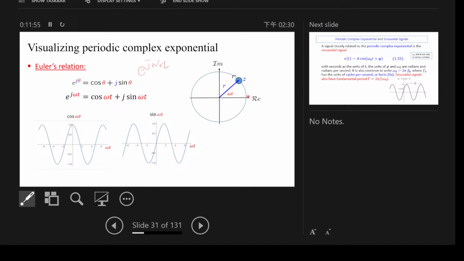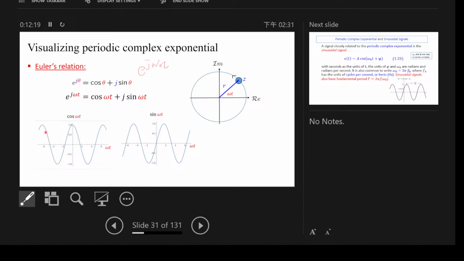So omega t goes from 0 to pi over 2 to pi to 3 pi over 2 and to 2 pi, and then you complete a circle. Then if you keep increasing omega t from 2 pi to 4 pi, you just loop around the circle again. You can also see this periodicity by analyzing the real part and the imaginary part of e to the j omega t.